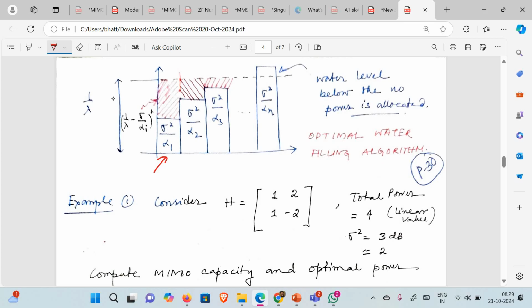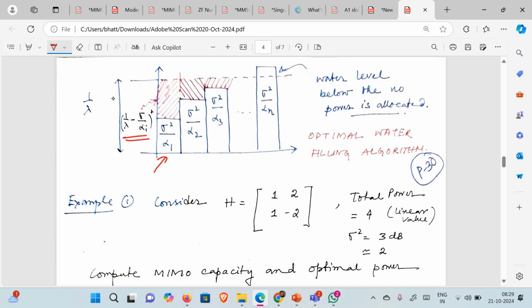See that this factor sigma square by alpha 1 is relatively smaller compared to sigma square by alpha 2 and so on and so forth. So the remaining portion that you are looking at, 1 by delta minus sigma square by alpha 1, will be much bigger compared to the next one, and so on.